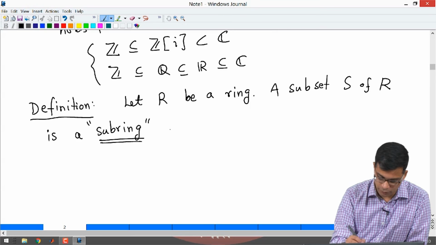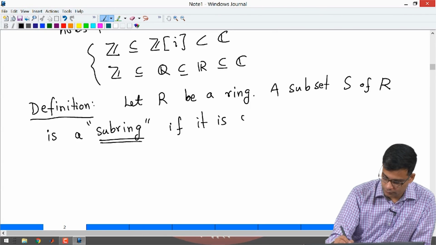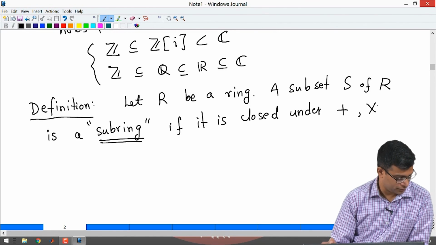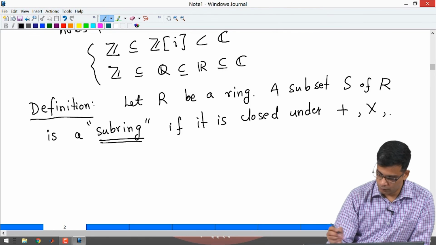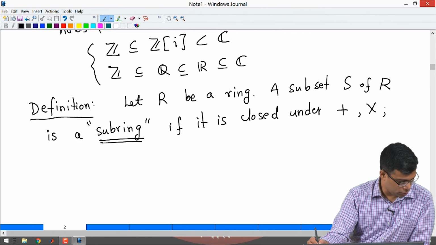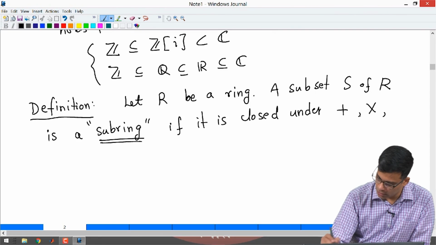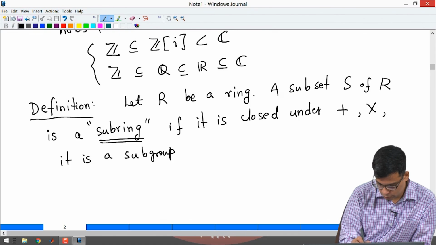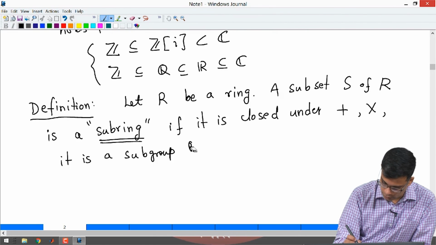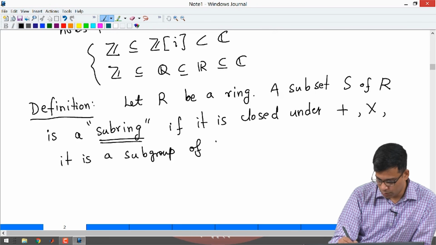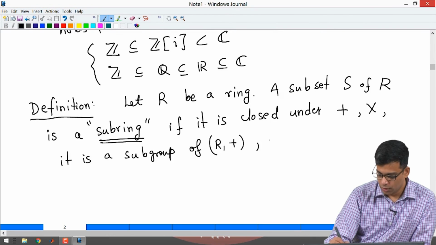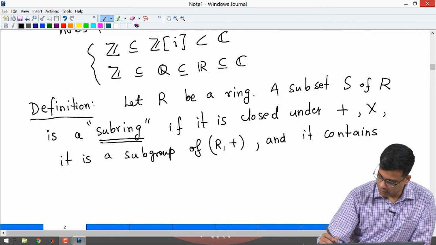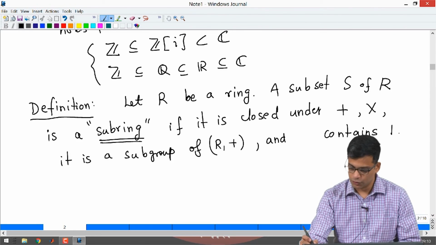It is a subring if it is closed under addition and multiplication, and it is a subgroup of the additive group of R. It is closed under addition, but more than that it must be a subgroup of the additive group of R, and finally if it contains 1, the multiplicative identity.